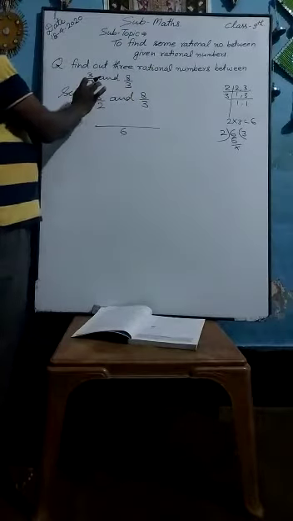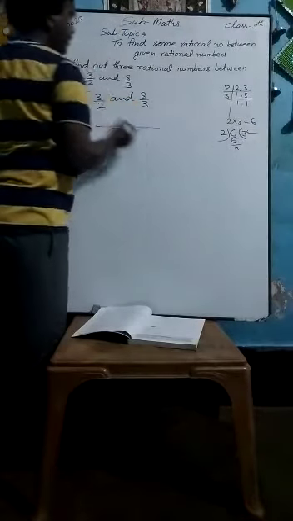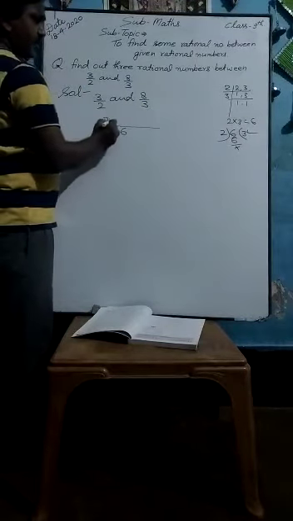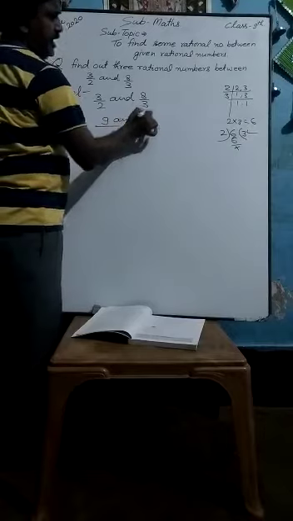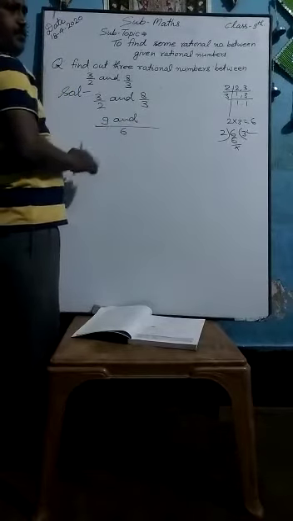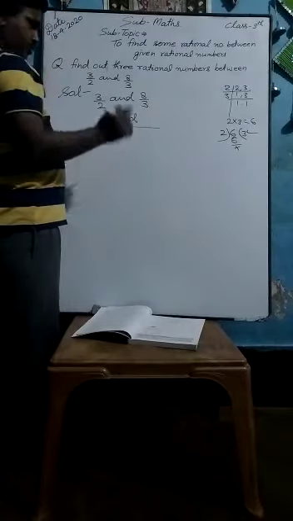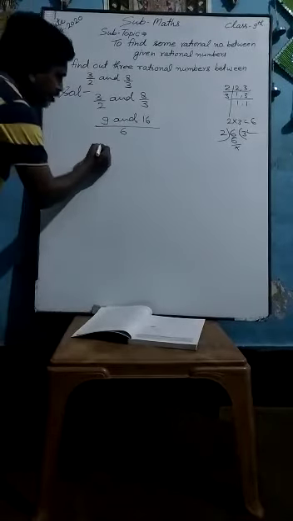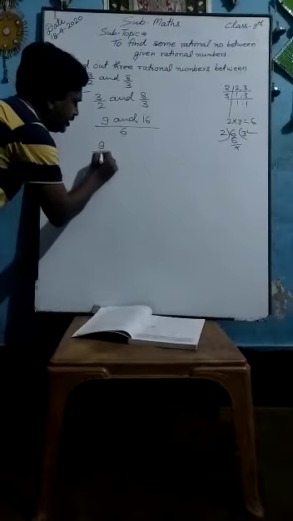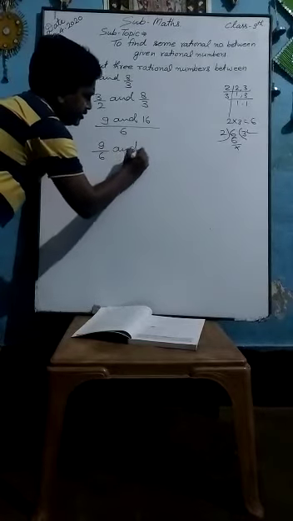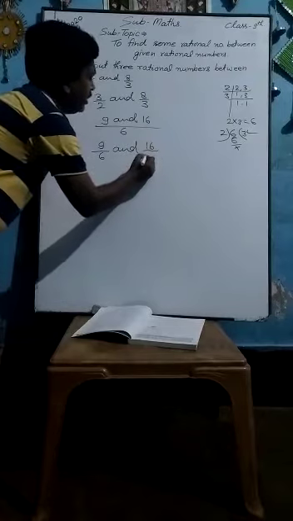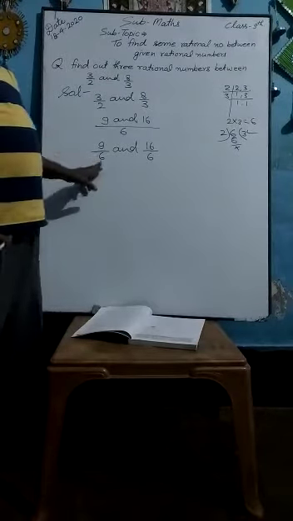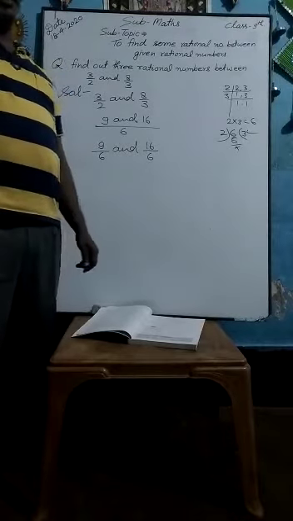Now multiply this quotient by the numerator: 3 times 3 is 9. Like this here also, first divide and then multiply: 6 divided by 3 is 2, and 2 times 8 is 16. Now you can write 9/6 and 16/6. Now you have equal denominators.